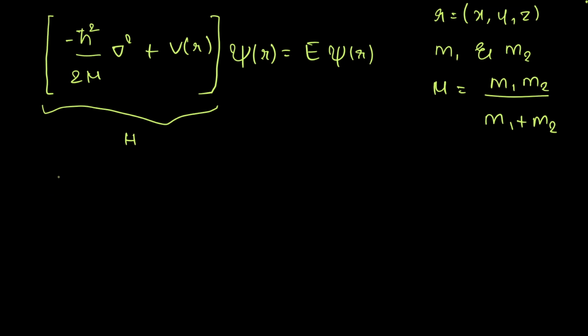Let's say we have a potential V of r. In this case, let's say V of r is equal to V1 of x plus V2 of y plus V3 of z.